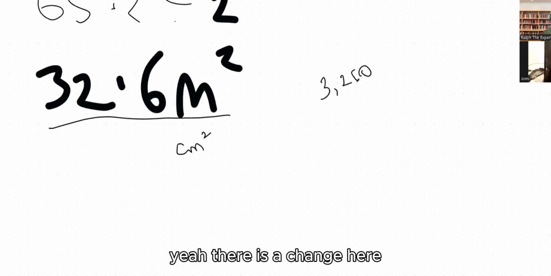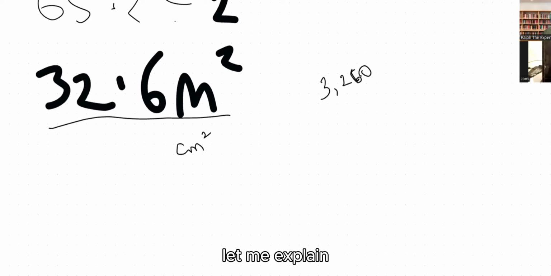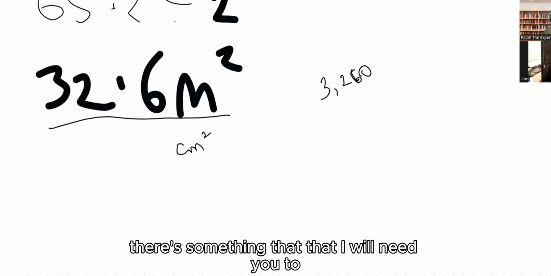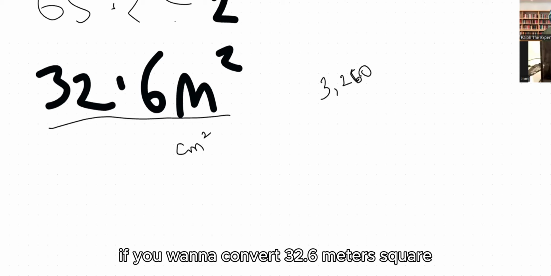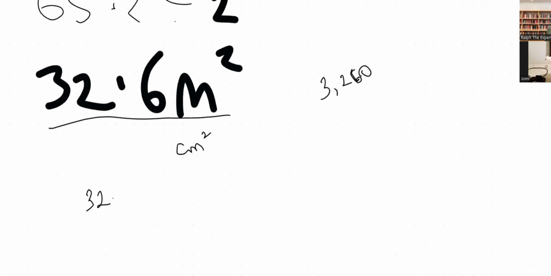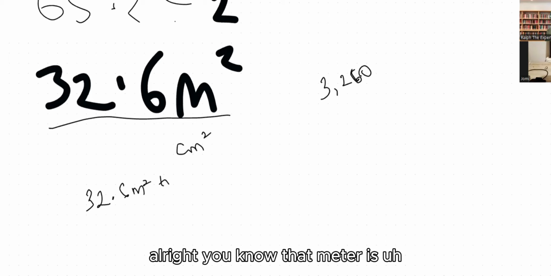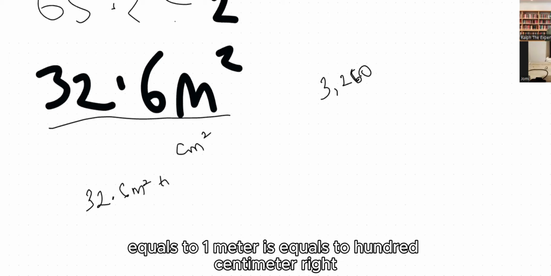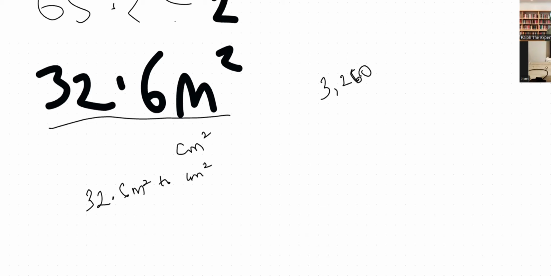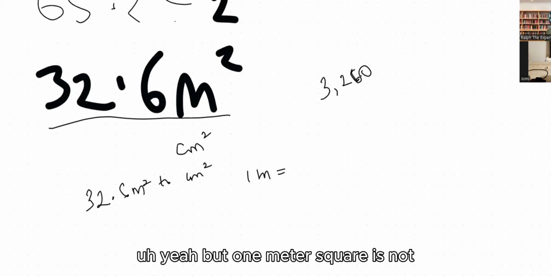Yeah. There is a change here. Let me explain, there's something that I will need to point out. If you want to convert 32.6 meters square to centimeters square, you know that 1 meter is equal to 100 centimeters, right? Yeah.